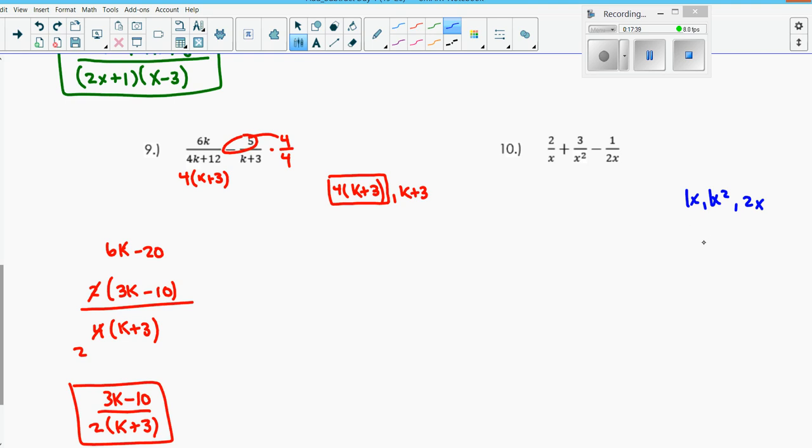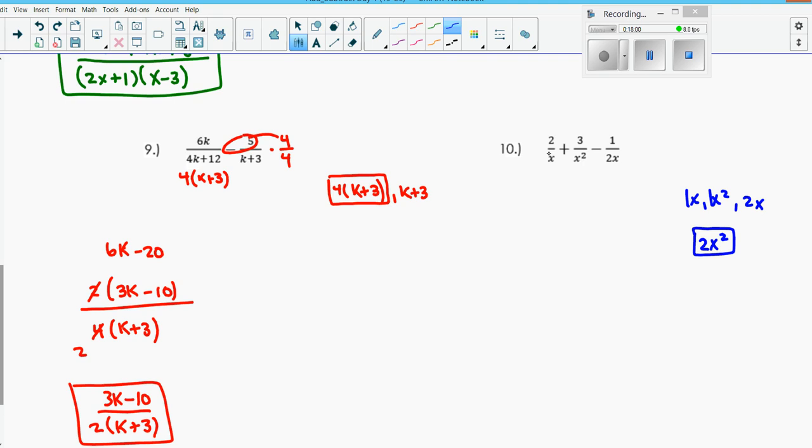So I can make all of them have a 2, because I can multiply 1 by 2 and it becomes 2. This has 1x, this has 2 x's, and this one has 1. So all of them can have an x squared. So this is my least common denominator. I need to make every denominator look like this.